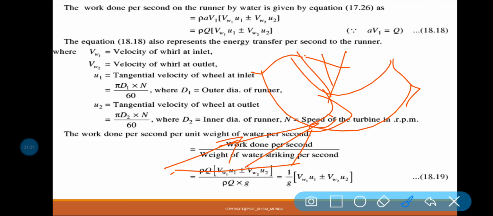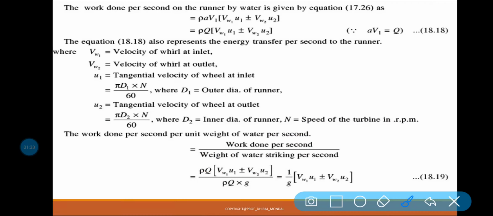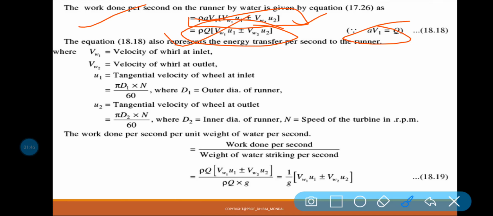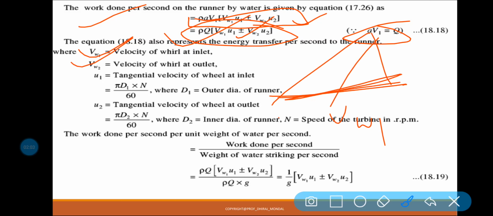Last class I discussed the work done per second. That is the mass flow rate times (Vw1 U1 plus or minus Vw2 U2), and the mass flow rate is rho Q, where Q is the discharge. Vw1 is the velocity of whirl at inlet, and Vw2 is the velocity of whirl at outlet. In the diagram, this is Vw1 in the inlet velocity triangle, and this is Vw2 in the outlet velocity triangle.